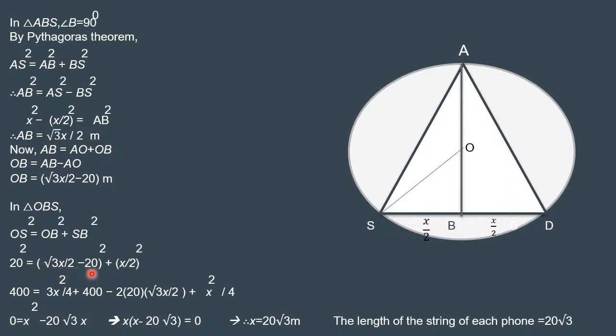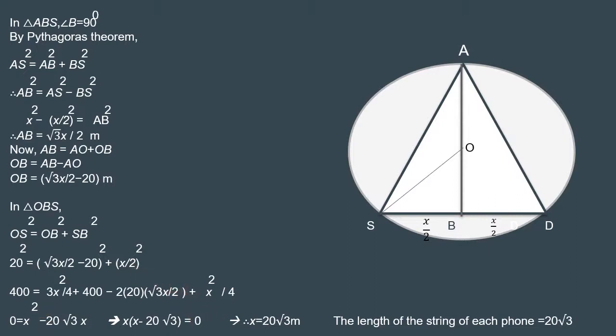This is of the form (a minus b) whole square, which is a square plus b square minus 2ab. So a square, which is (under root 3 x by 2) whole square, you'll get 3x square by 4, plus b square, which is 20 whole square, which will be 400, minus 2ab, where a is under root 3 x by 2 and b is 20, plus (x by 2) whole square, which is x square by 4.